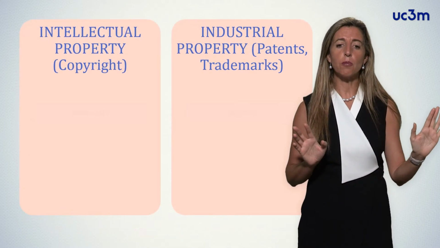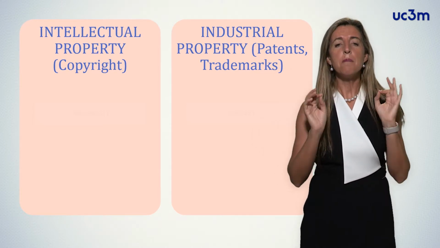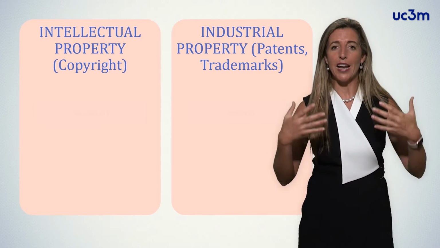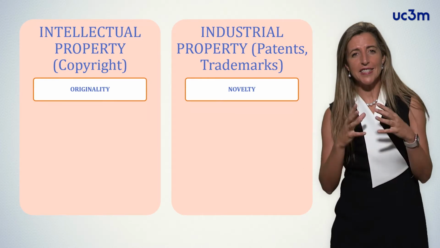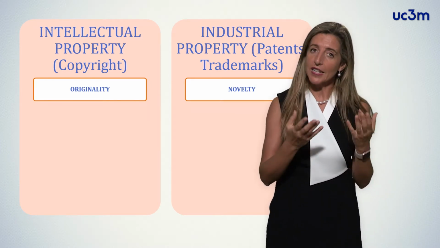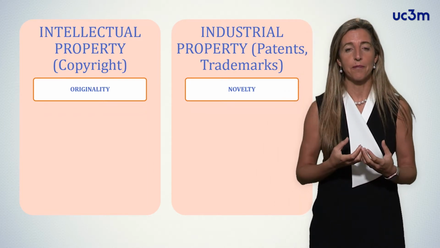We can summarize these ideas about which kind of legal tools in 2 basic and huge categories: pure intellectual property and industrial property. What are the main characteristics in order to understand and compare them? First, intellectual property is essentially based on the idea of originality, whereas industrial property is based on the idea of novelty.